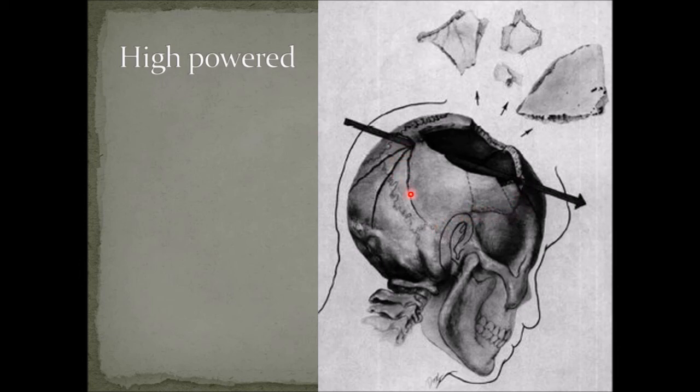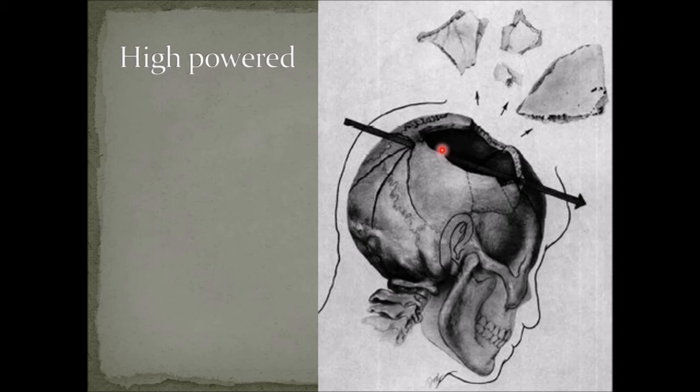This is actually a concentric fracture in a way, in that it's concentric in the explosive force that's happening here. Now remember, large, high-powered rifle round hitting the brain. The brain is indeed a very wet, gelatinous tissue. What's that going to do?